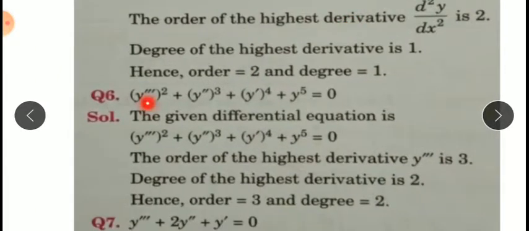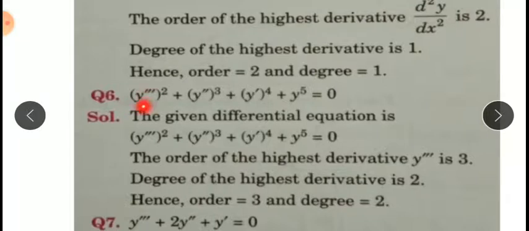This is (y triple dash) whole square plus (y double dash) whole cube plus (y dash) whole raised to 4 plus y raised to 5. You can see here in this equation y dash means dy by dx whole power 4, but this is first derivative. This is second derivative, but this is third derivative. This is third derivative means order is 3, understood.